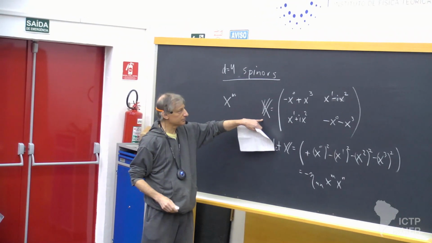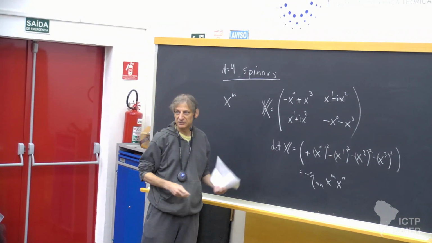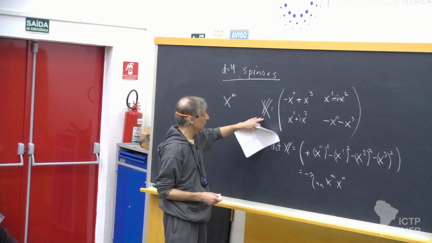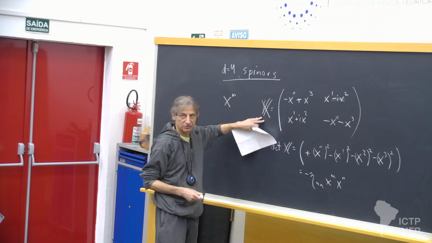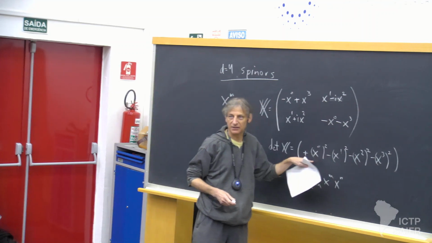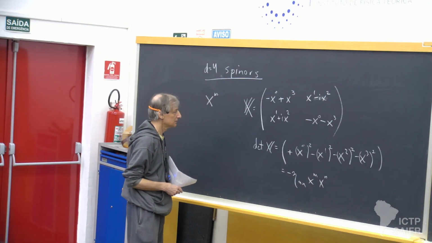So the determinant of this matrix is the Lorentz invariant object. So you can ask, what transformations of this matrix will preserve the fact that you want this to be preserved under Lorentz transformation? Okay? So that's easy.